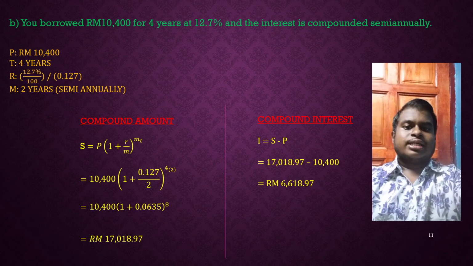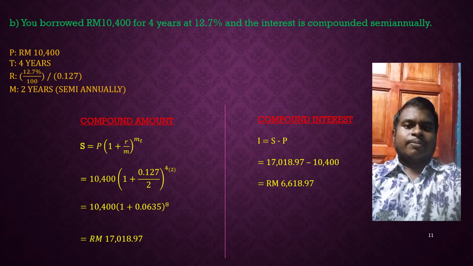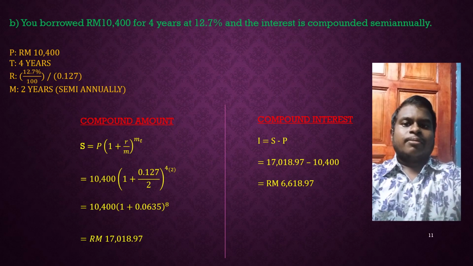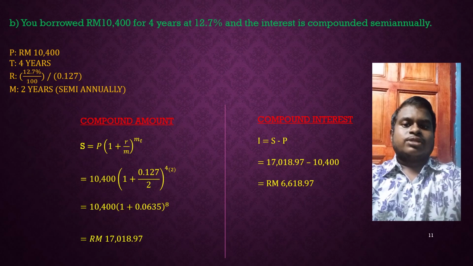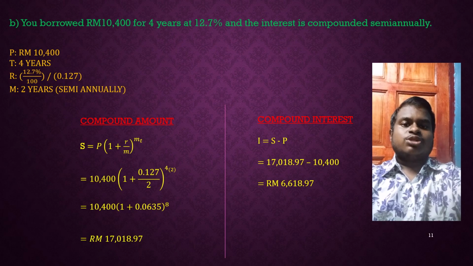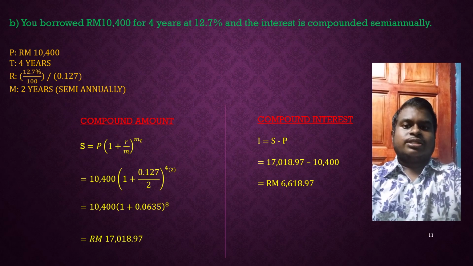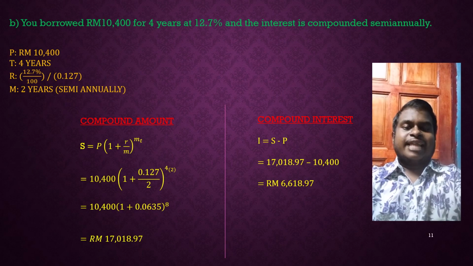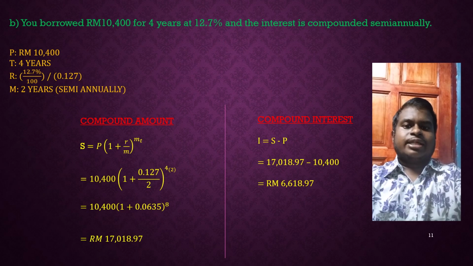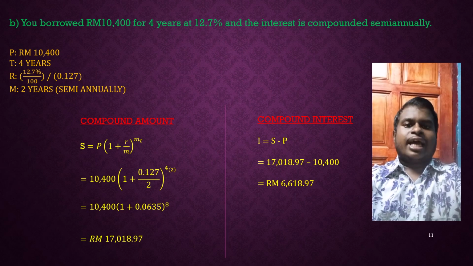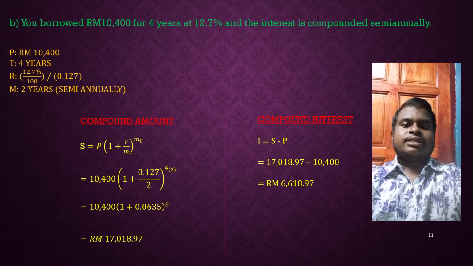To find the compound interest, we use I equals S minus P. So I equals 17,018.97 minus 10,400, equal to 6,618.97. That's it. The compound amount is 17,018.97 and the compound interest is 6,618.97.